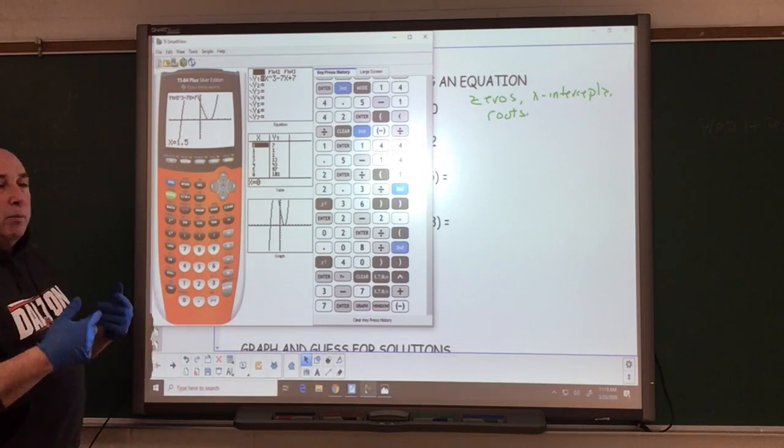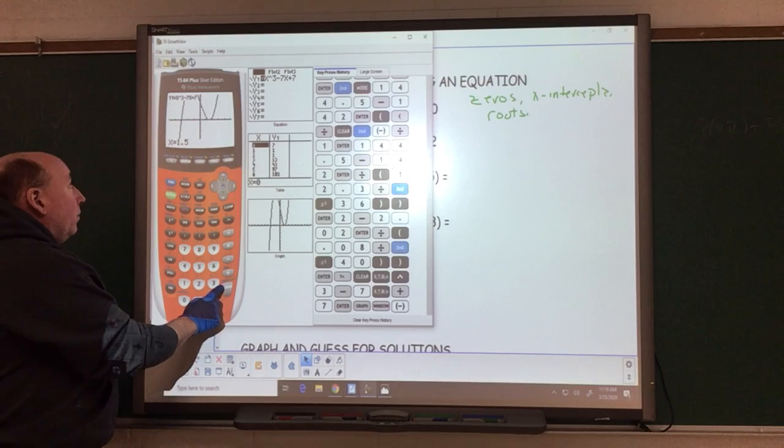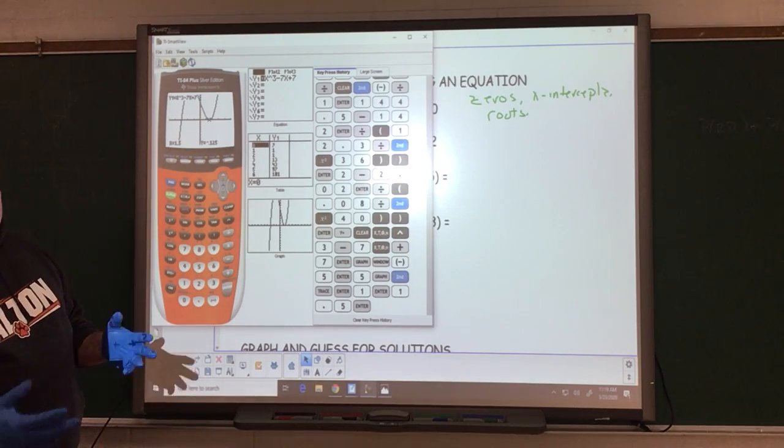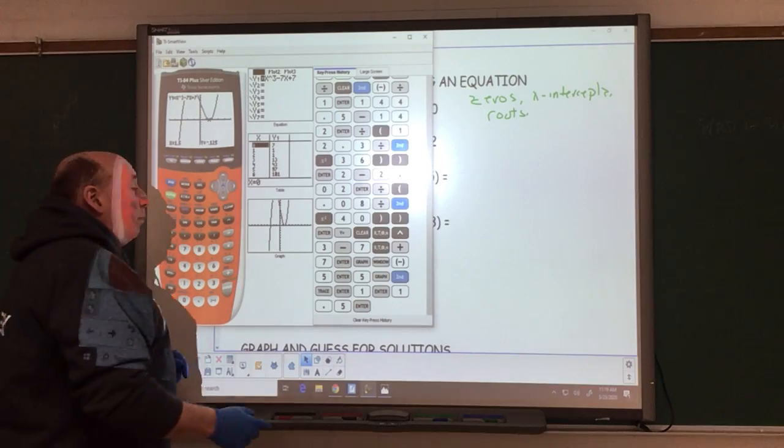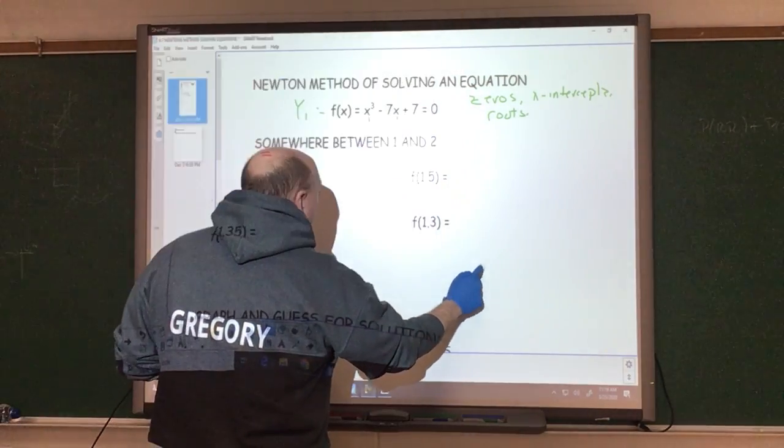I don't have to go through the process of going back to value again. And I get a y value of negative 0.125.